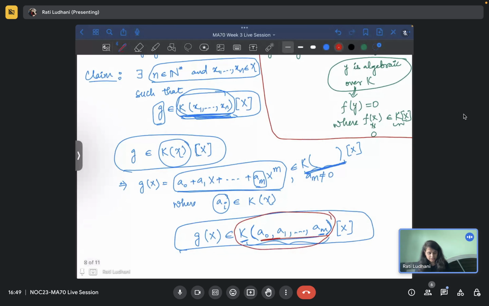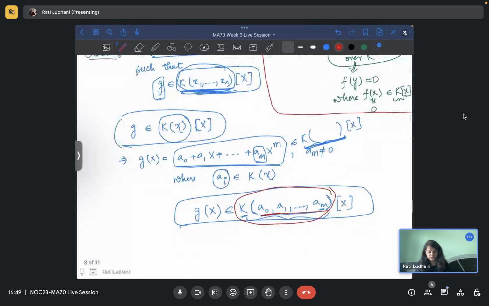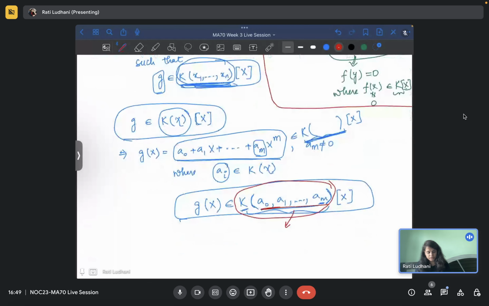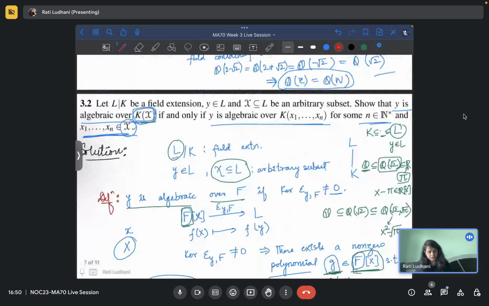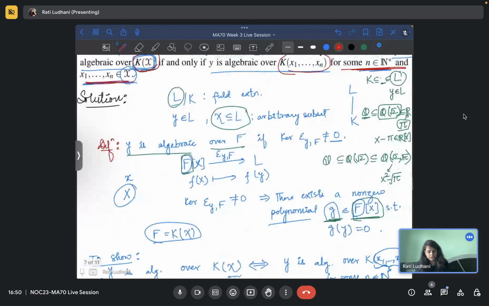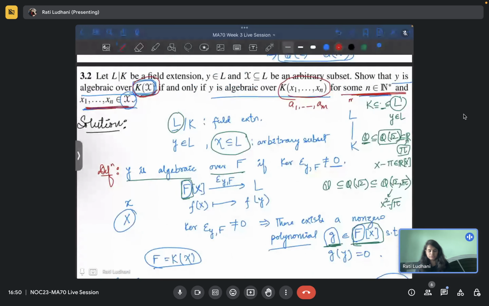That is our choice which we need, because we just need to prove that if it is algebraic over K(χ), then there exists some n and x_i such that it is algebraic over this field K(x1 to xn). So we just take x1 to xn to be a1 to am in our notation, and m belongs to N star, of course.